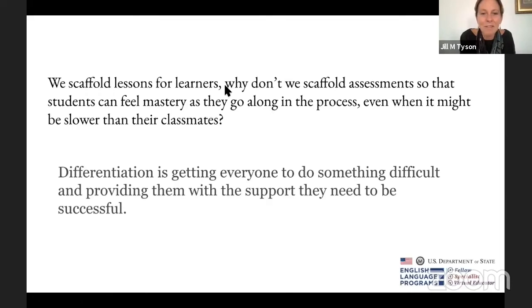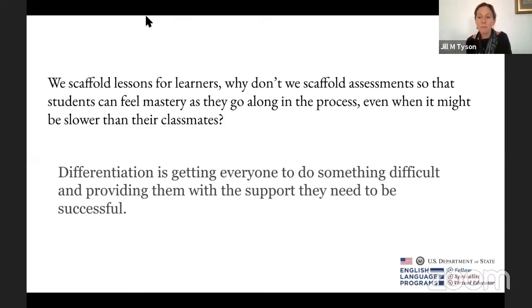So what we do is, when we're talking about lesson planning, most teachers are pretty good at scaffolding the lessons for the students who are more active and a little bit less active or need more support. So why don't we scaffold our assessments to do the same?